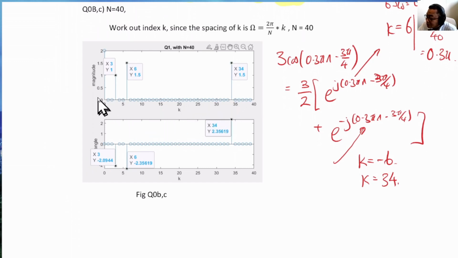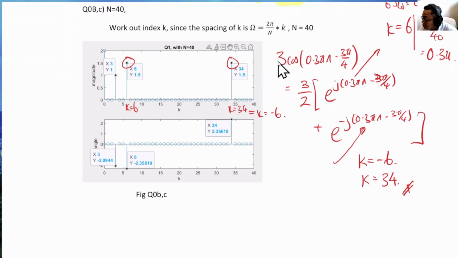So k equals to minus 1 is 39, and hence k equals to minus 6 is 40 minus 6, which is 34. So this is how we see that when we plot only for positive k's, we are plotting this complex exponential here at k equals to 6 and at k equals to 34 for k equals to minus 6. So these two complex exponentials are for this 3 cosine.